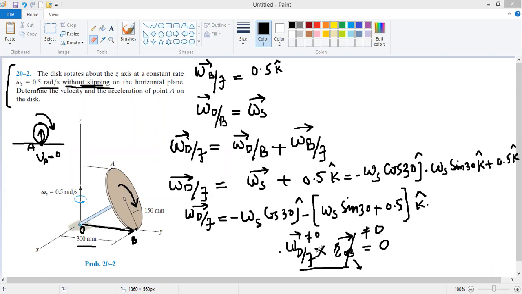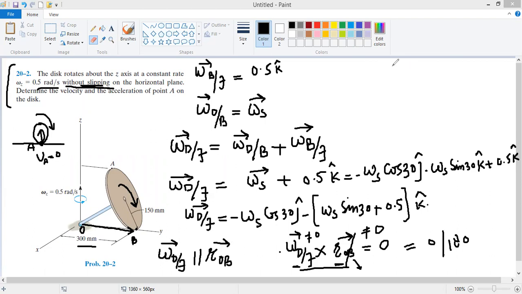When you have the cross product between two vectors equal to zero, with none of the vectors being the zero vector, it simply indicates that the angle between the omega vector and the ROB vector has to be equal to zero or 180 degrees. That is, it gives us a clear indication that the angular velocity of the disk with respect to the ground is parallel to the radius vector drawn from O to B. Why?